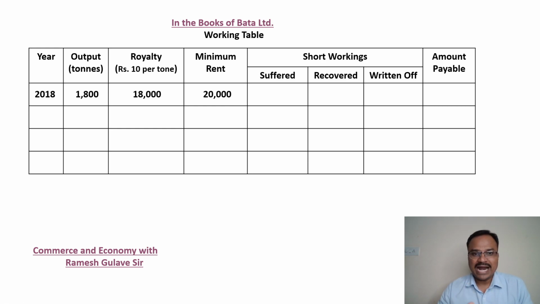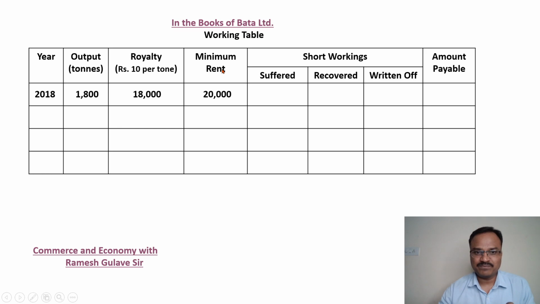In this case, Bata Limited has to pay rupees 20,000 to the Tata Limited because it is the amount of minimum rent, right? But actual royalties are less than minimum rent. It means there are short workings, right? And this short working arises only in this situation when the actual royalties are less than minimum rent, right?